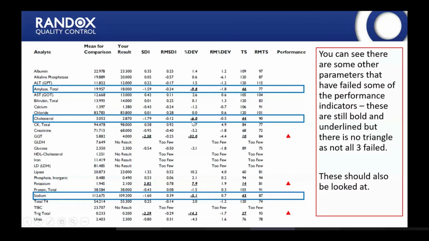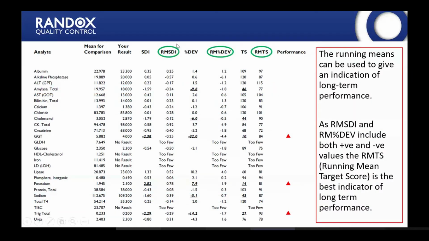Again, these need to be checked and monitored to see why these have failed on these two performance indicators. The three with red triangles are our first priority, and then our next priority will be these other ones that are also bold and underlined.